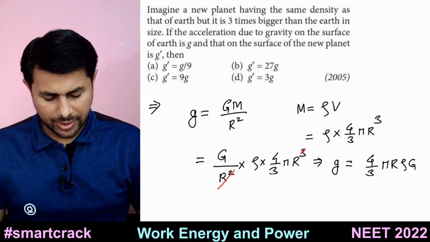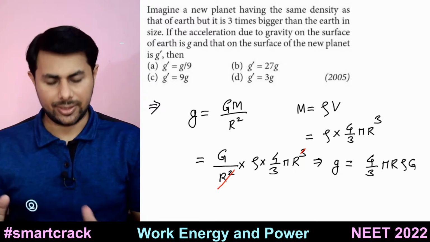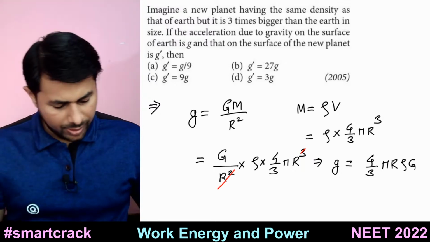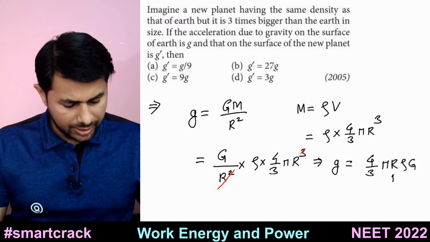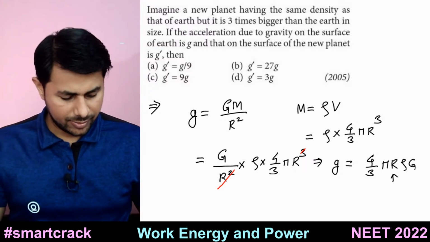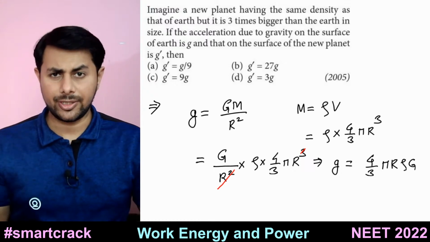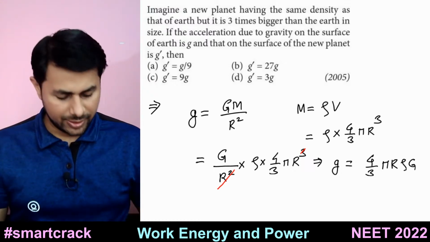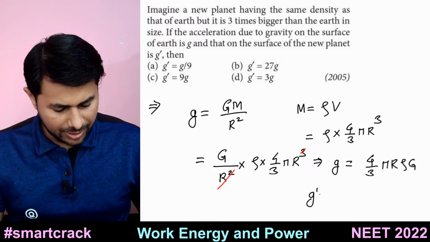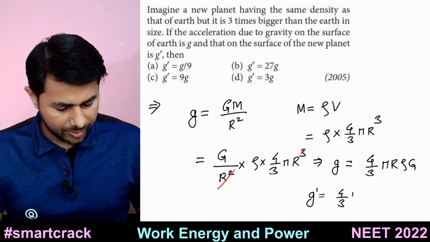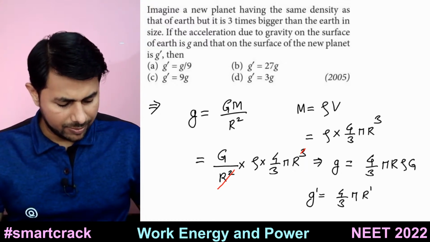So what will be the acceleration due to gravity on that planet? Only r is different, because in this formula there is r, density and capital G, and capital G is constant. So we can write g prime equals 4 by 3 pi into r prime into rho into G.